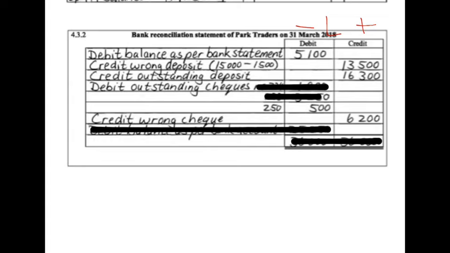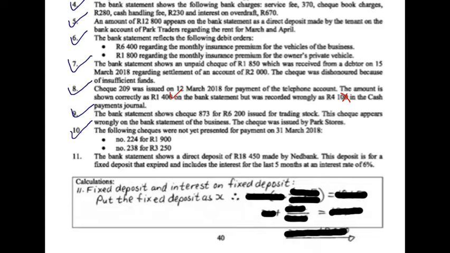So I'm going to show that check 224 for 1,900 is still outstanding, as well as check number 238 for 3,250. I put those checks in the debit column of the bank reconciliation, as if to decrease my bank statement balance.